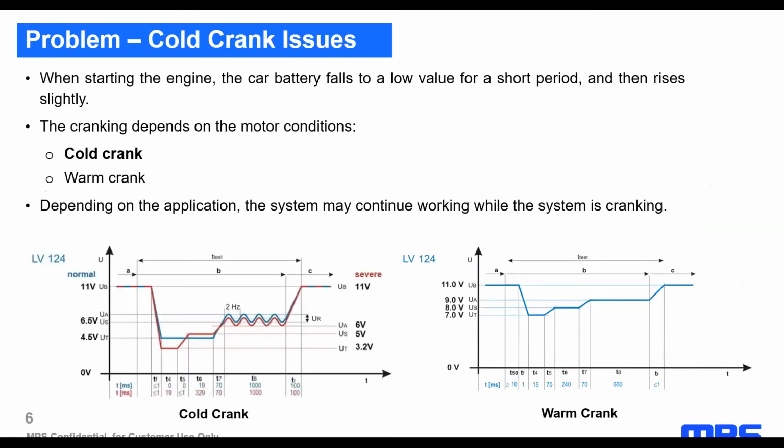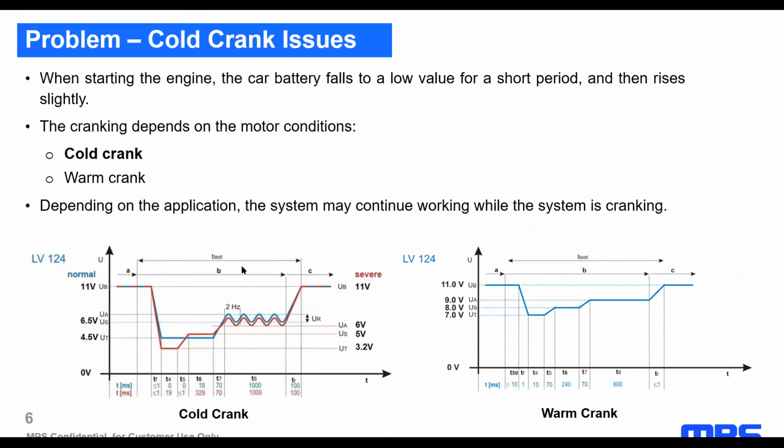The cold crank is a known enemy for any automotive designer that appears when starting the engine. At this moment, the car battery falls to a low value for a short period of time and then rises slightly. As can be seen in these two images, where the battery voltage is plotted, during cold crank this battery voltage falls to a minimum of 3.2 volts and then rises slightly again.